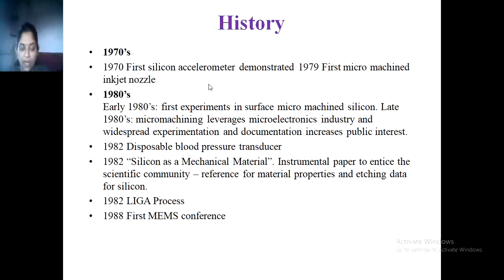Then in the late 1980s, micromachining leverages the microelectronics industry, and widespread experimentation and documentation increases the public interest.